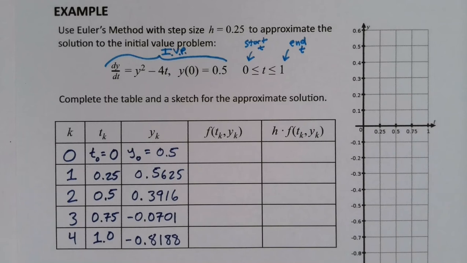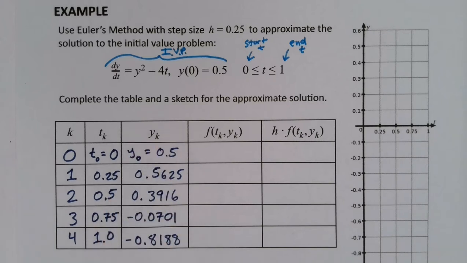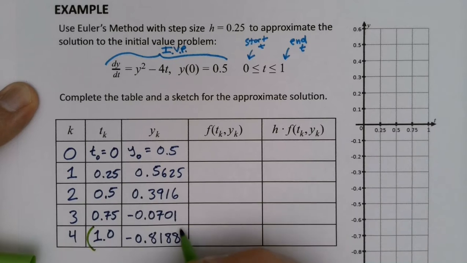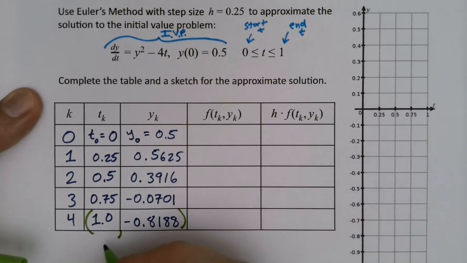So the only other column that we can fill in from our Maple output is this right here. And this is our approximated y value, right? So this is the Euler's method approximation. It turns out that this last pair of numbers right down here is actually the coordinates, our approximated endpoint.